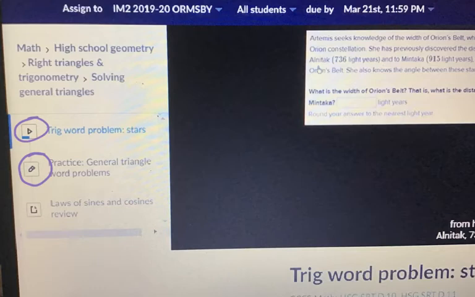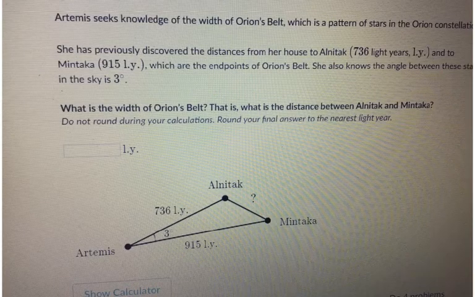So once I click on that, here is our first problem. Now, notice, guys, L.Y. stands for light years, by the way. That literally means, imagine light, which goes at 866,000 meters per second.